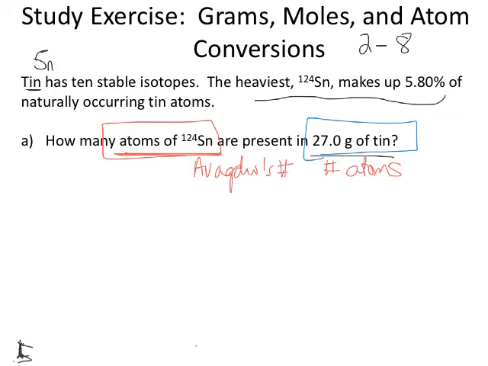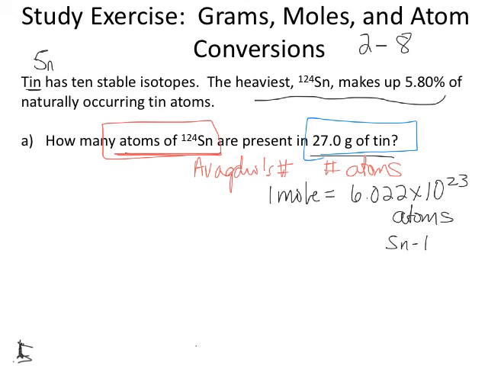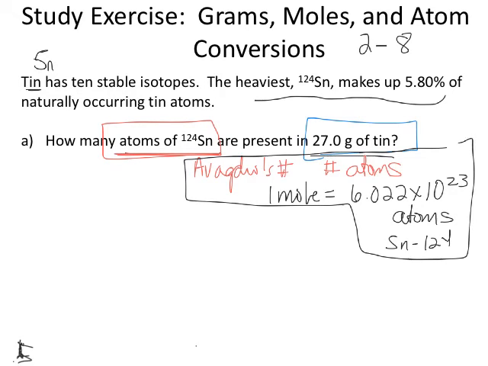So Avogadro's number is always, for 1 mole, you get 6.022 times 10 to the 23rd something. In this case, it is number of atoms of tin 124. So that's one conversion factor. This is dimensional analysis, so our goal right now is to come up with some conversion factors. So that would be a conversion factor we can use because it says how many atoms.